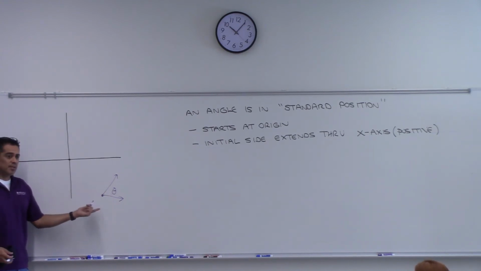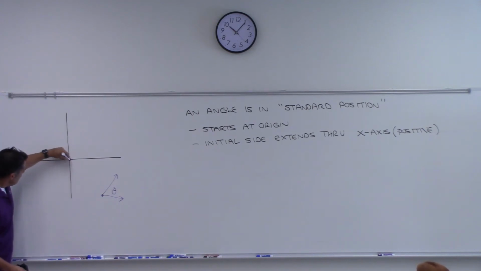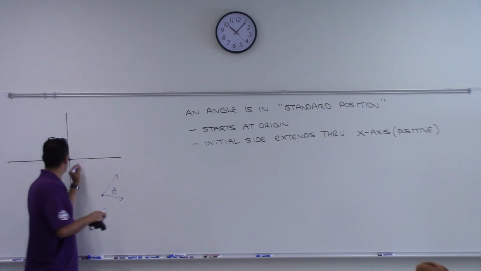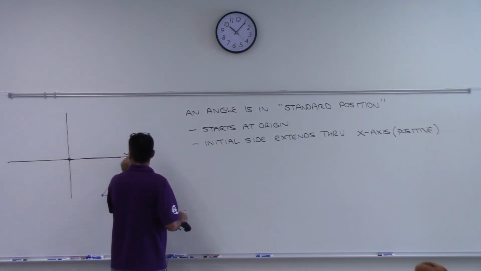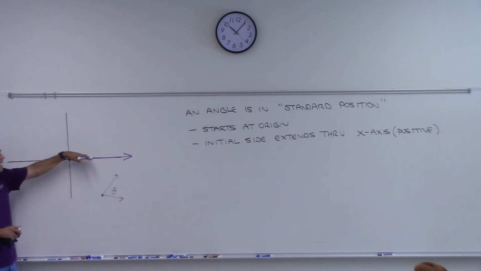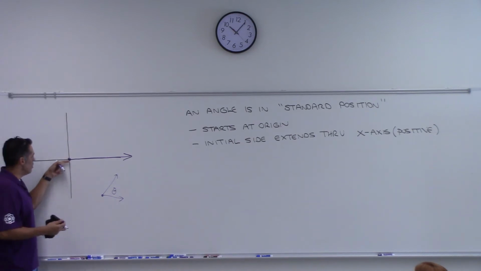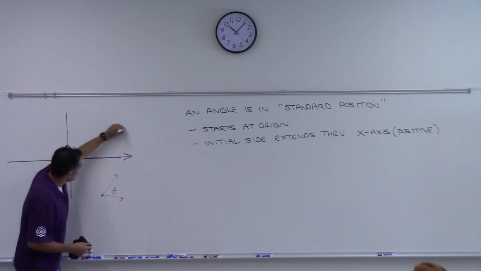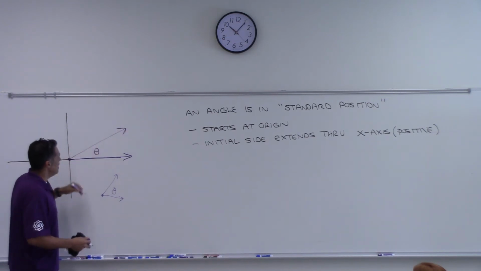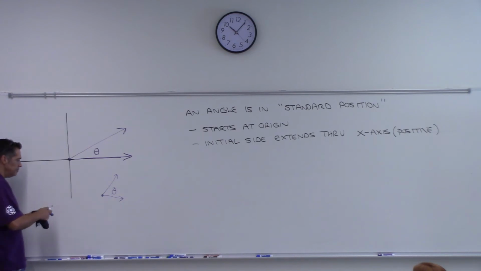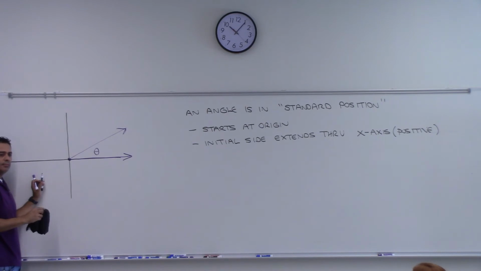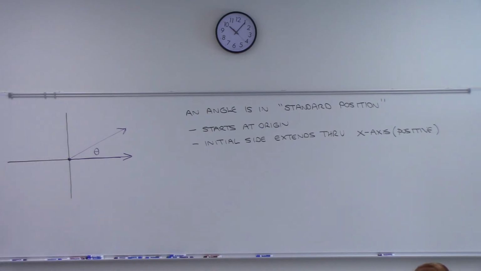An angle in standard position means I'm going to start at the origin, and then my initial side of my angle will always go down the positive x-axis. So this is always my initial side. And then from there, I either rotate positive or negative, depending on how I want to rotate, all right? But your initial side always goes down the x-axis in the positive direction. This side goes wherever. Let's just call this alpha. This angle, theta right here, this angle would be in standard position, okay? Nothing too crazy yet, right?